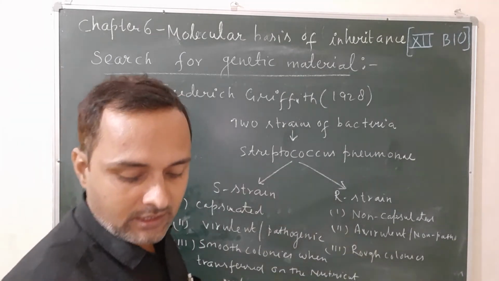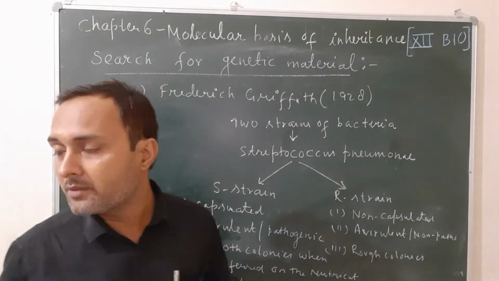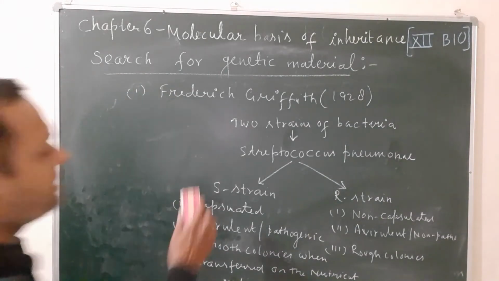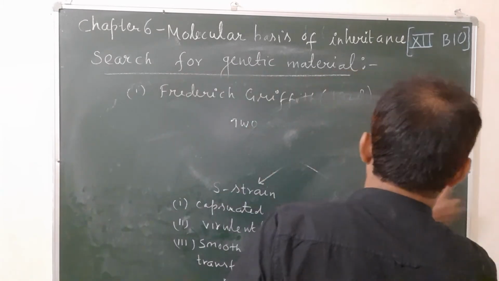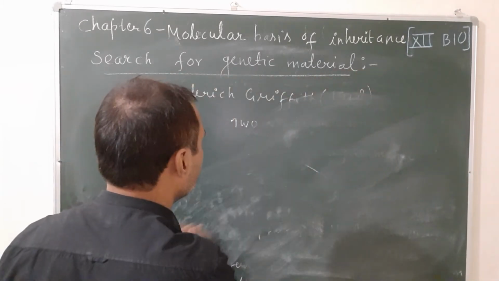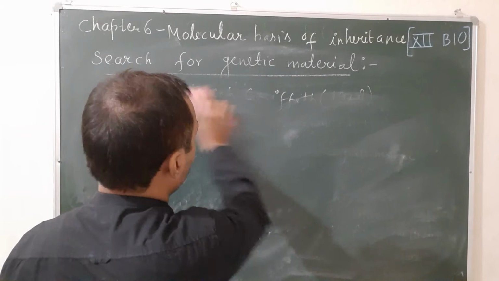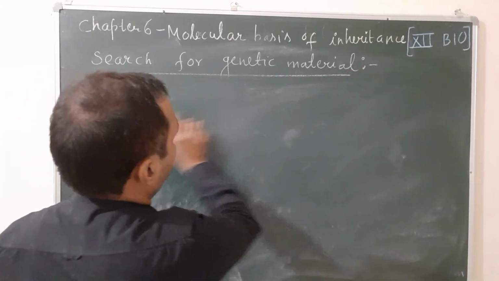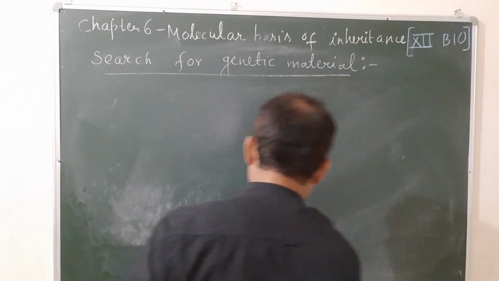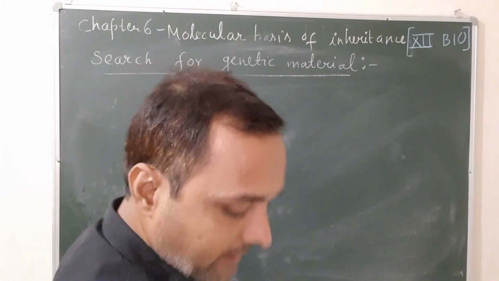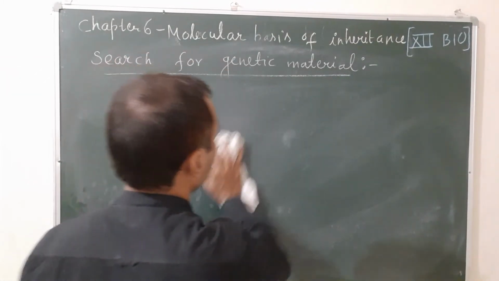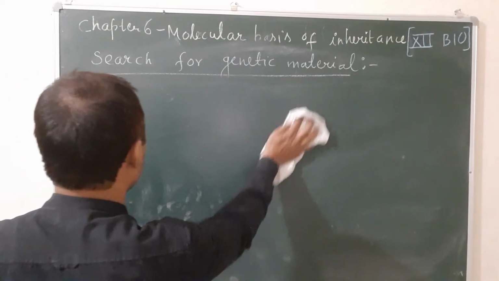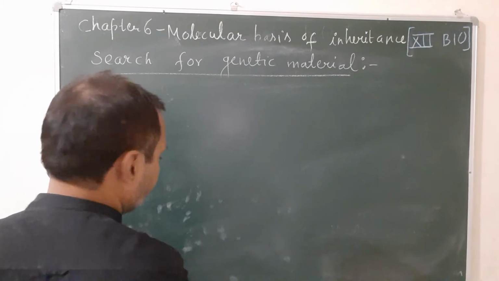Griffith completed his experiment in 4 steps. Let's see these steps one by one. In step 1, he injected the S strain into the mice body.